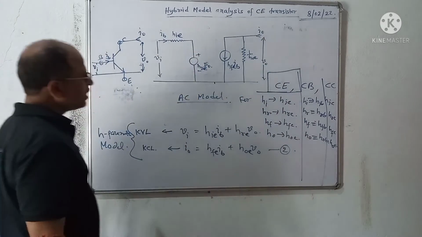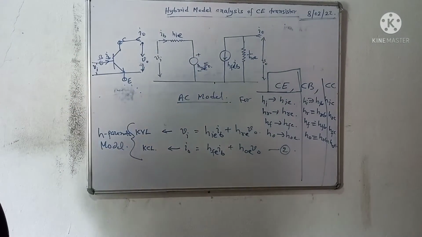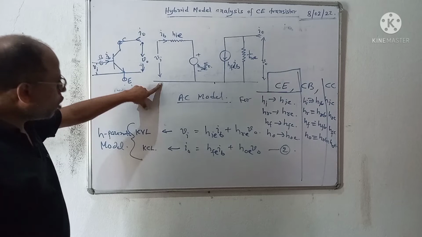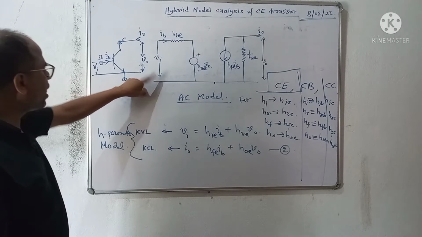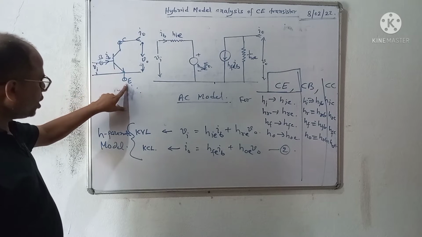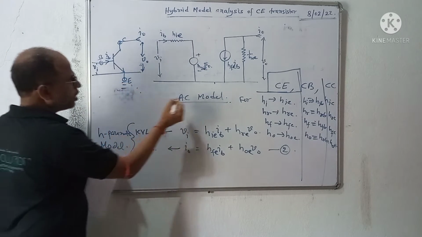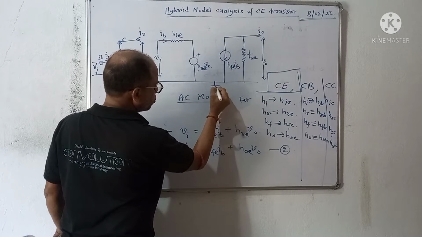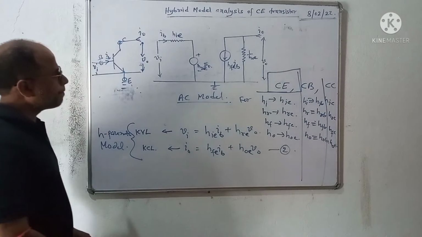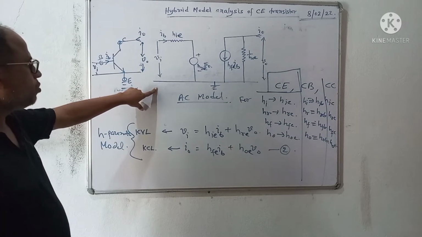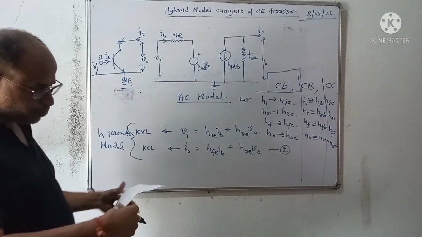This is the H parameter model of the transistor in common emitter mode. Here the emitter is grounded, therefore keep it ground. Now, I want to analyze.